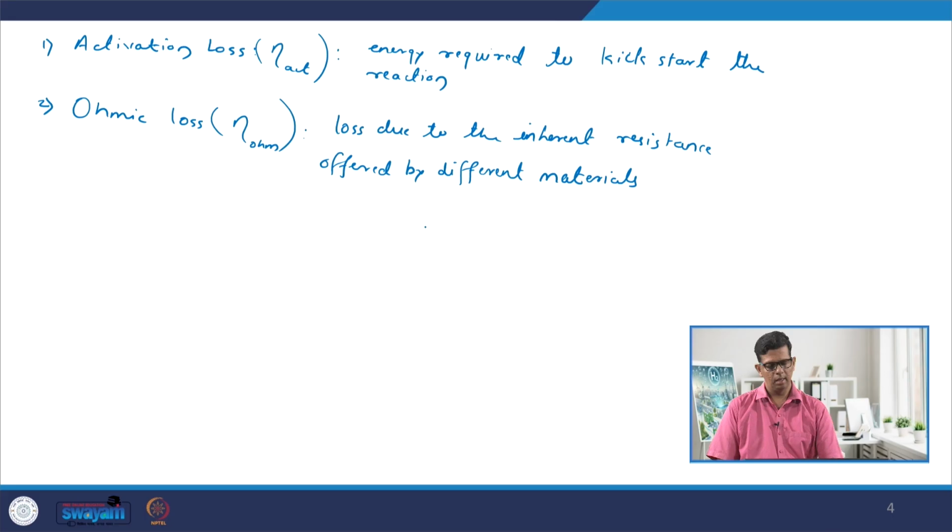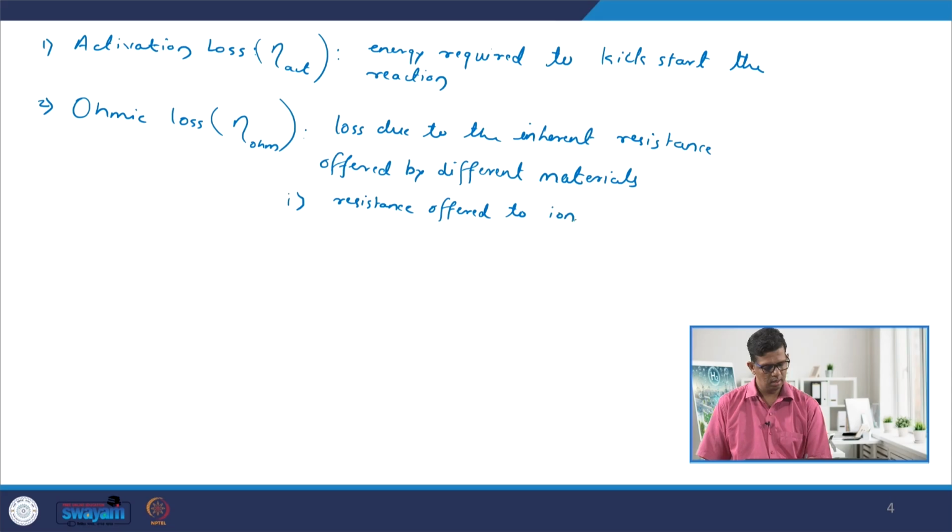So, typically, as we can see, ohmic loss takes into account two major losses. One is the resistance offered to the ions that flow across the electrolyte. So, it is basically electrolyte resistance.